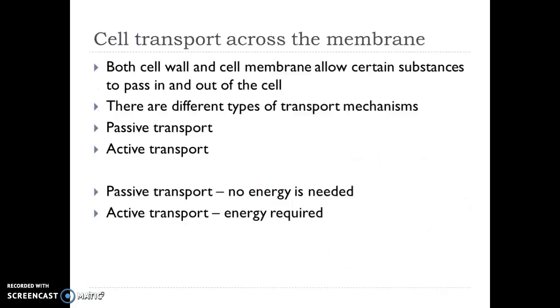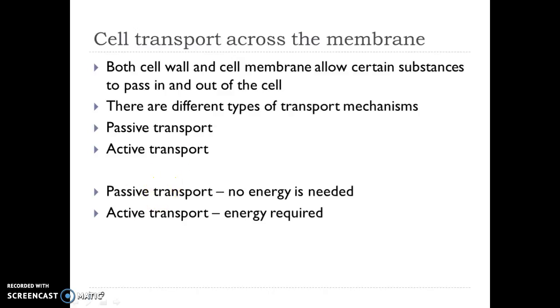The cell transport across the membrane: both cell wall and cell membrane are responsible to allow certain substances to pass in and out of the cell. So there are different types of transport mechanisms, that is passive transport and active transport. The word itself tells you, passive means there is no energy required. Passively it just moves.